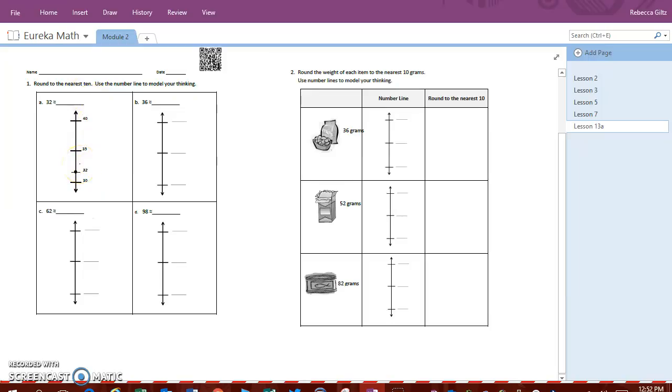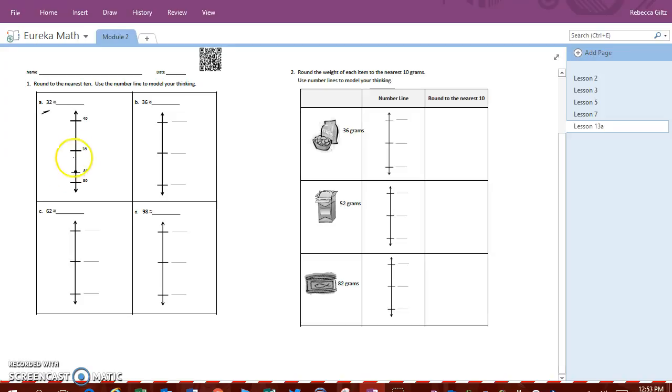So what this is showing is that we need to take the number 32 and round it to the nearest 10. So if you think back to your place value, the first digit from the right is the ones place. The 3 in this case is in the tens place. So we need to think about whether this number should be rounded to 30, that 3 should stay the same, or does it go up to the next 10 of 40?